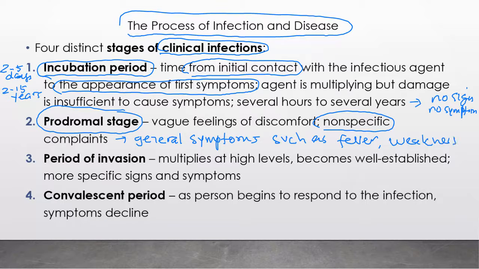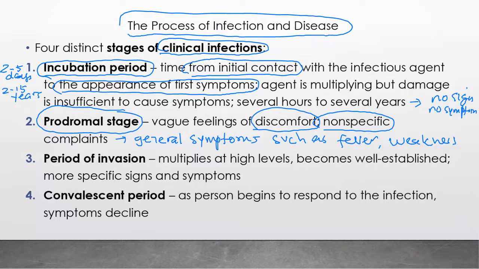Okay, so feeling discomfort, for example, this is very general symptom. We don't really know what caused this general symptom, general discomfort. Okay, so therefore, this stage is called the prodromal stage.